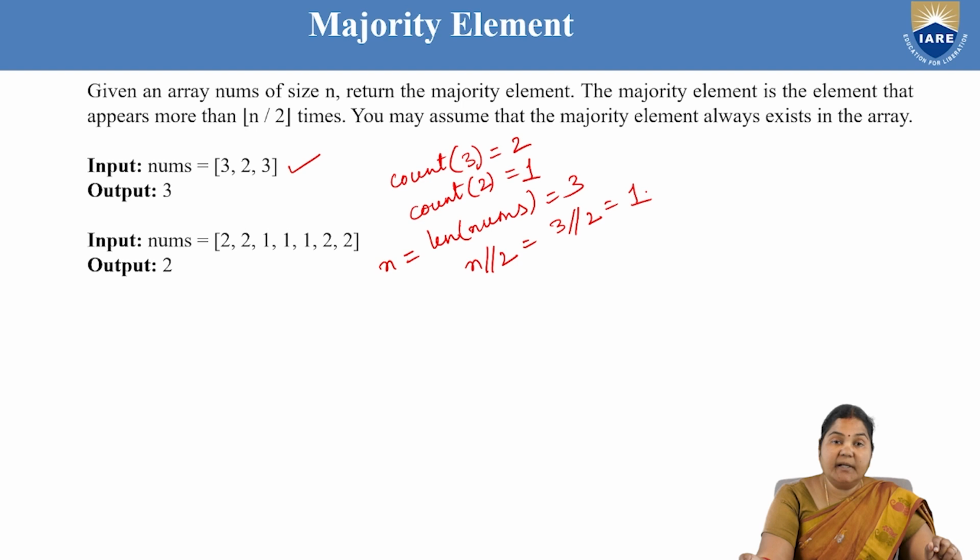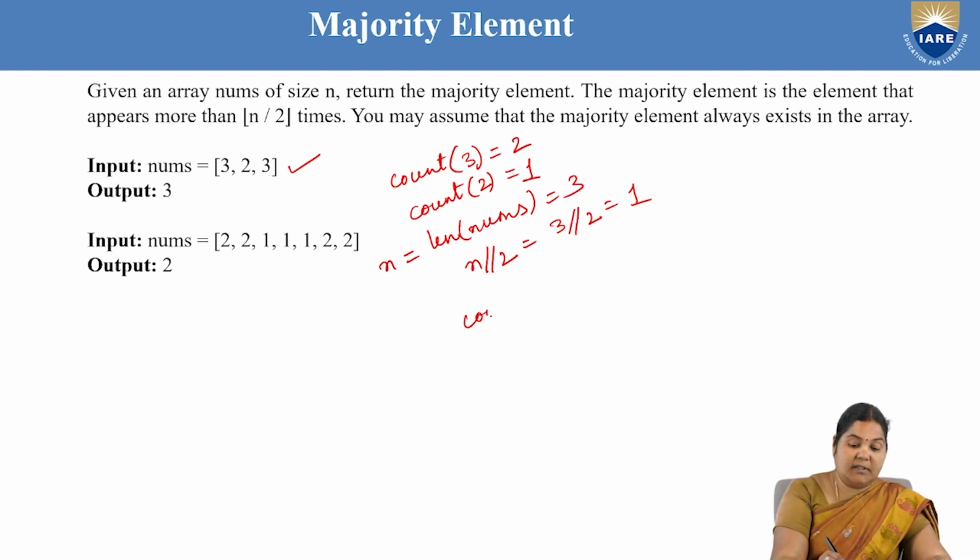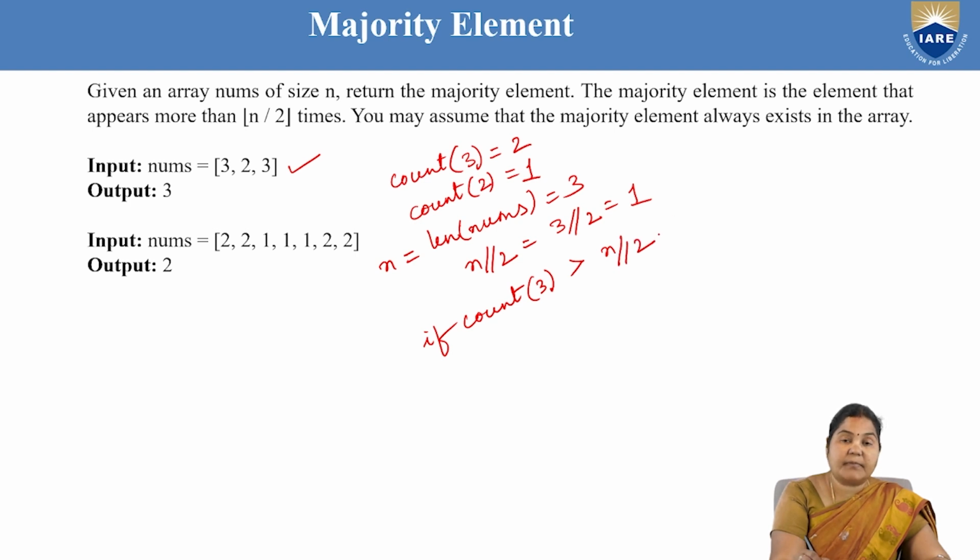So if the count of the element is greater than n by 2 times, then that element we have to return, that is the majority element.